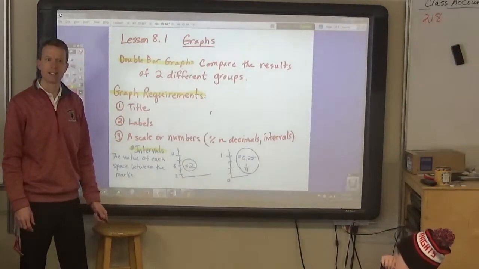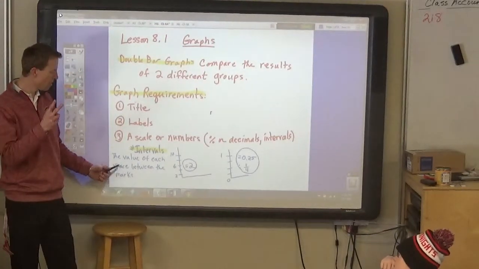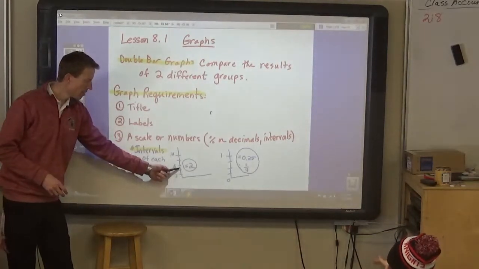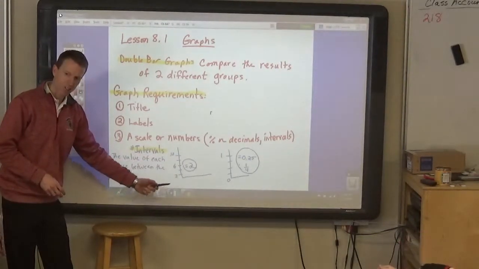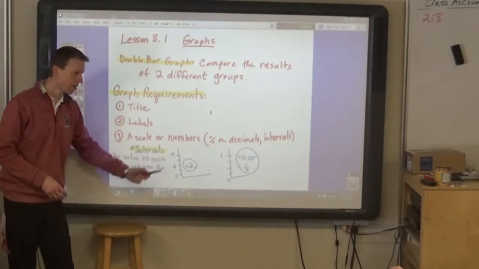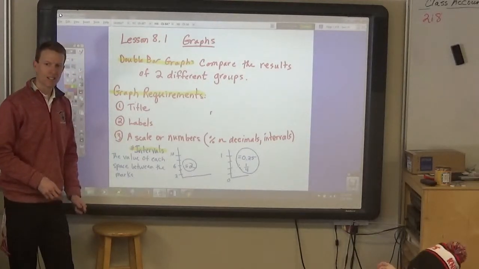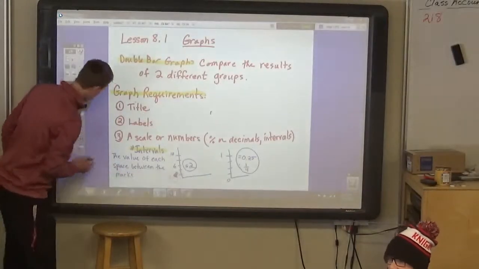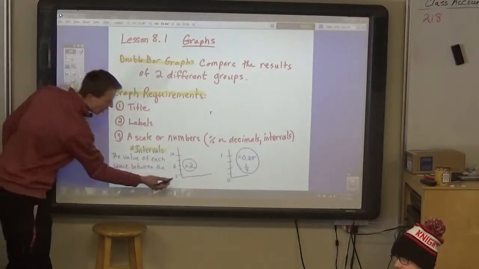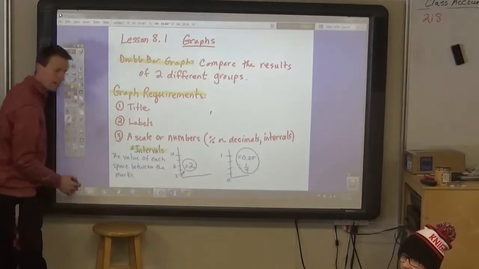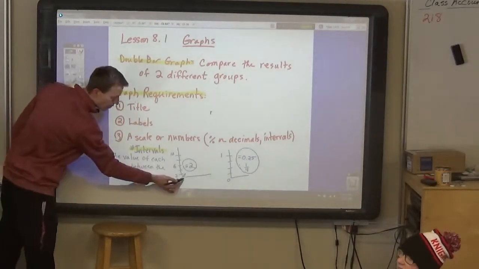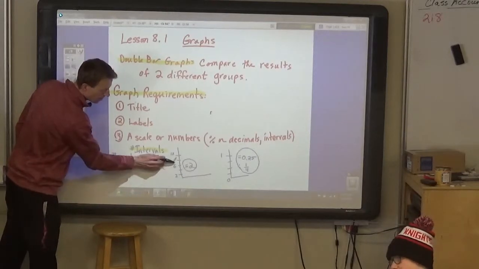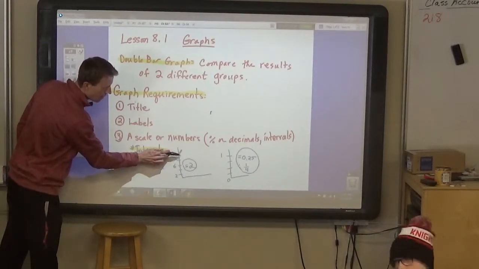Or is it 2, because the interval is the value of each space? It's not the value of each labeled mark. It's the value of each space. Look at this. This one has 2 spaces between the label marks. So this is 2, 4, 6, then 8, 10.